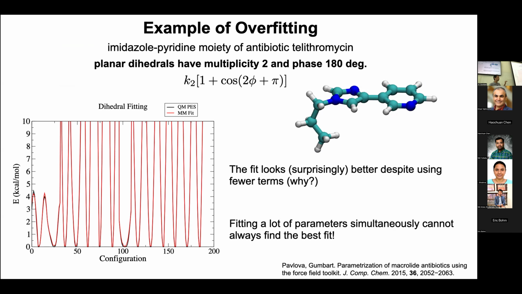The standard way is you just do them all at once. That's why we have hundreds of configurations, because this may be the first dihedral, and these may be the second dihedral and the third. So they're all fit together. Sometimes, to help the optimization along, we might do them one at a time just to get starting points, and then we go back and do it globally again.